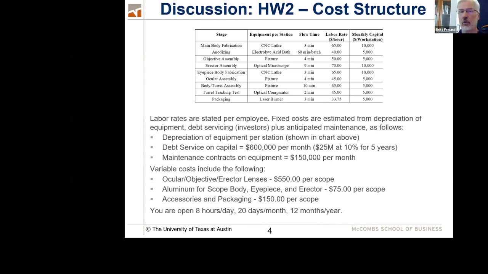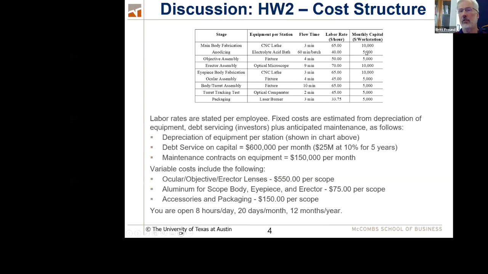I can also give you capital costs. Remember we think of cubicles and rooms. Probably I'll give it to you in the form of what each cubicle in a room costs you. So if you decide to add more cubicles in a room, you're adding more of those costs. That's what this is, the monthly capital per workstation. In all most recent exams, I now call them cubicles, just so I'm using the same words that I talk about in class.